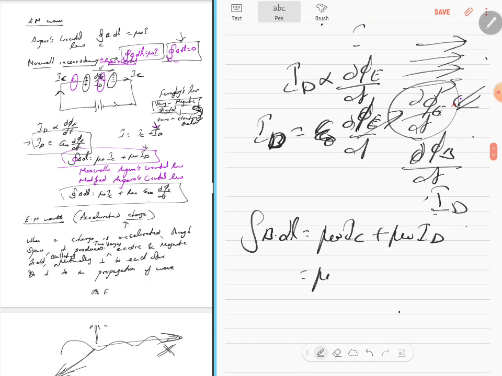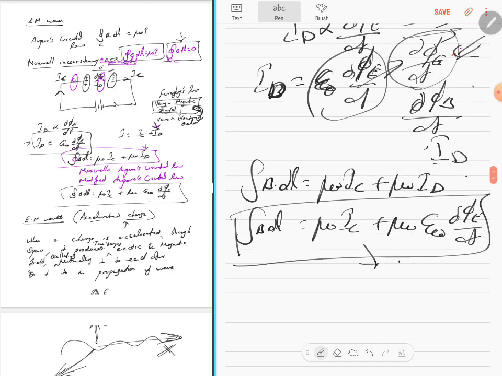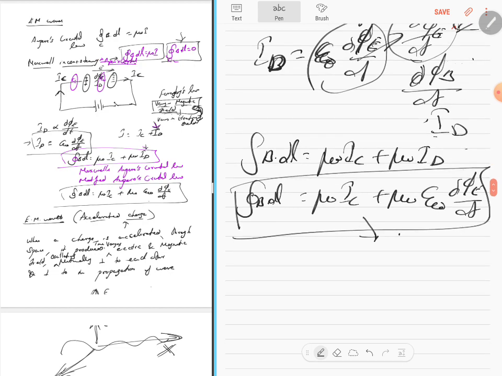So mu naught into IC plus mu naught into ID, where ID itself is epsilon naught into d phi E by dt. So this is known as Maxwell's modified equation, or Maxwell's Ampere's circuital equation, however you want to call it. This is what it is.